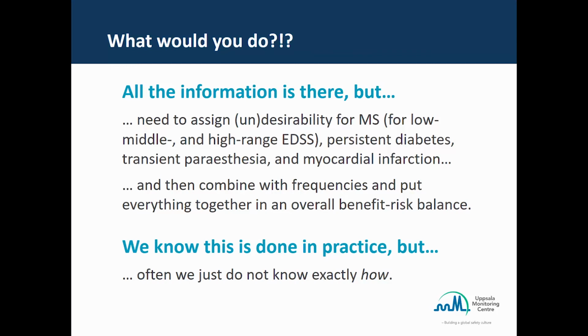Now, one thing we know is that no matter how complex this really is, this is something that is done in practice all the time and everywhere, because decisions that hinge on this kind of information that I've just presented here have to be made, and there is simply no way around that. Often, however, we just don't really know how these assessments are made.